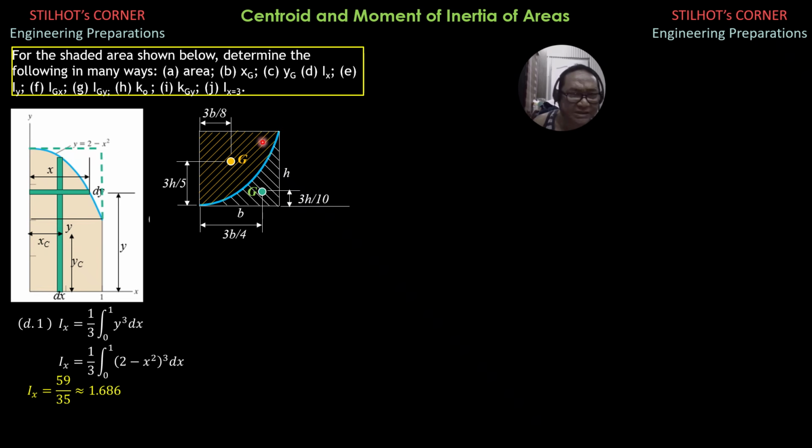Then for this orange hatch area, which is a parabola, the area is 2/3 bh. The location of the centroid along the axis of the parabola is 3/5 of the height, so that's 2/5 of the height. Perpendicular to it is 3/8 of b, 3b over 8.